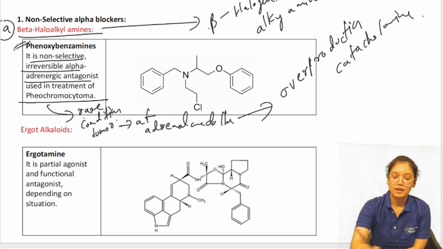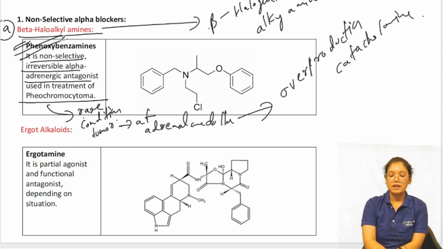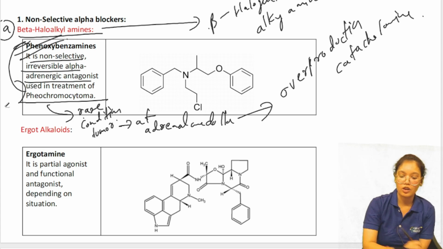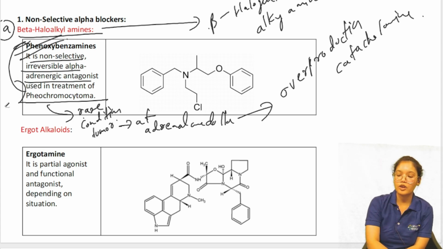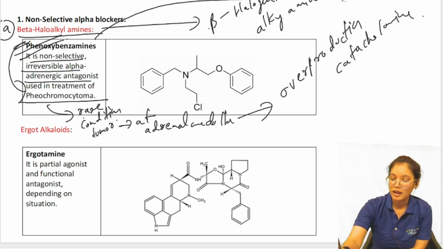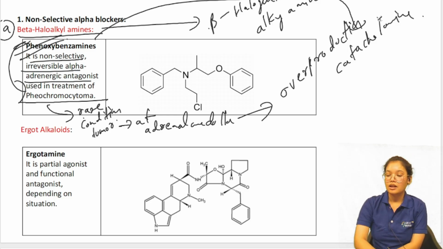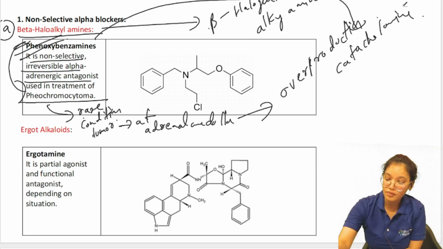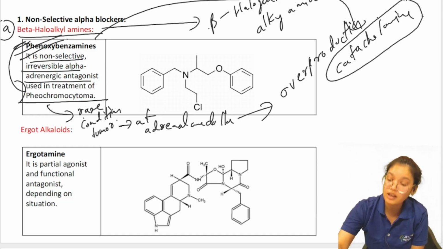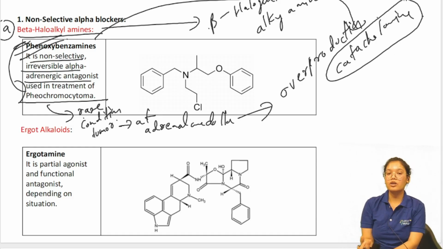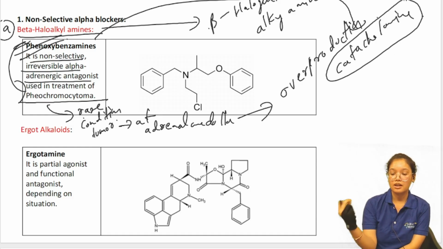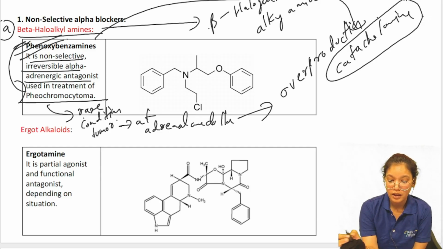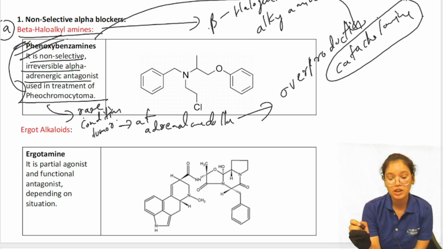So this phenoxybenzamine can help in the treatment of pheochromocytoma, or helps in controlling this catecholamine production.